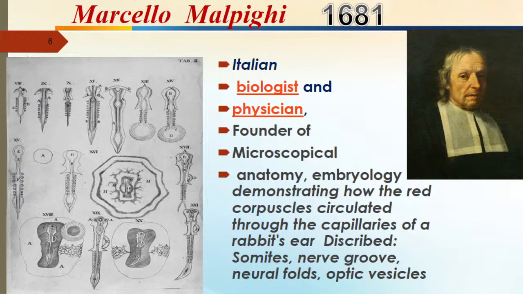In 1681, the famous Italian biologist and physician Marcello Malpighi provided a series of investigations on the chicken embryo, which resulted in demonstrating the somites, neural groove, optic vesicle, neural folds, and of course he also described red corpuscles, like red blood cells, and capillaries, and the movement of blood inside the capillaries in a rabbit ear.